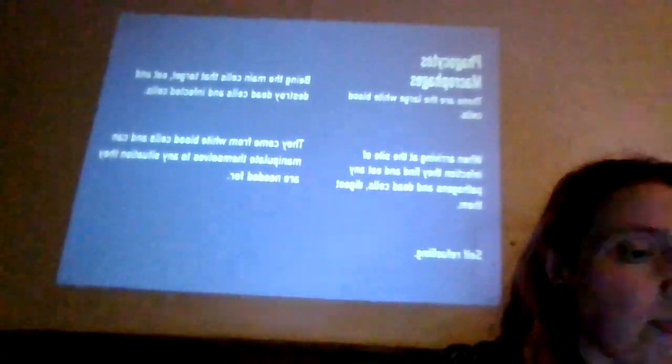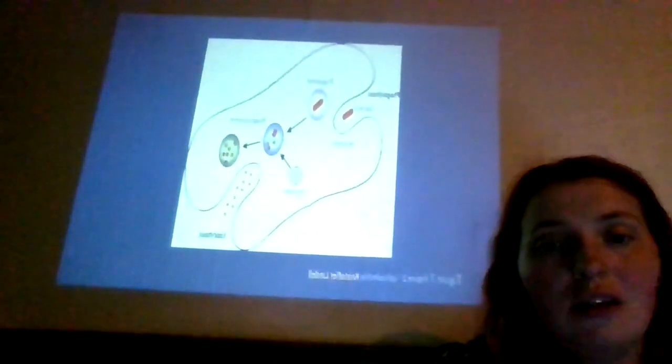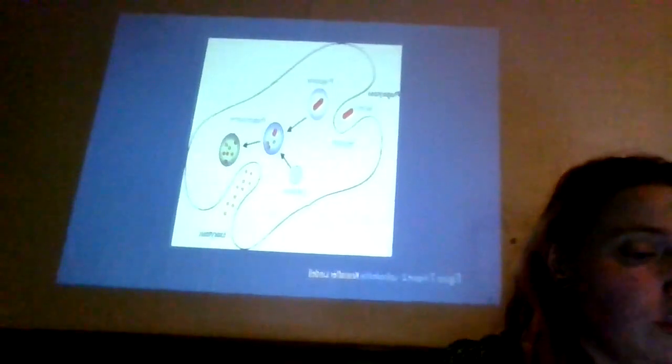Then you have your white blood cells that will manipulate themselves to respond to certain scenarios, and then you have other white blood cells that are called cell eaters, and they basically eat dead cells, pathogens, and digest them. So this is like the process of white blood cells.